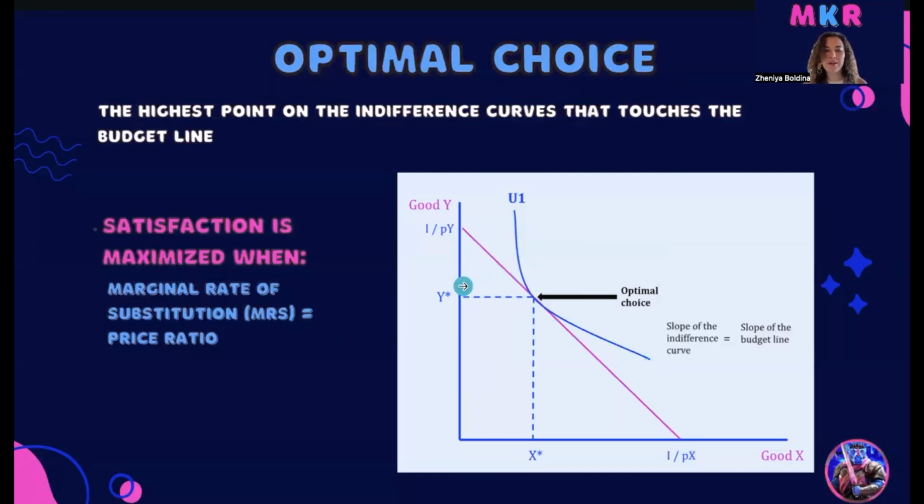At this point, the marginal rate of substitution for U1 must equal the price ratio, or in other words, the slope of the budget line. So the slope of the indifference curve at this point must equal the slope of the budget line. That's how we get our point of y star and x star.